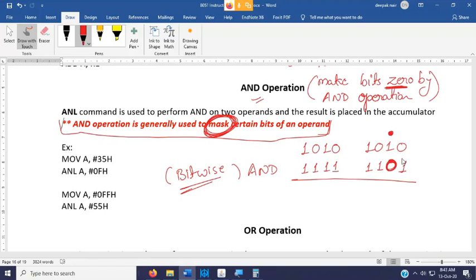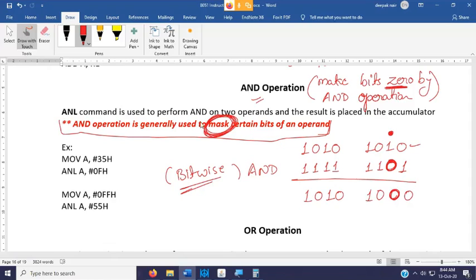For example, 1 cross 0 is 0. Even the number also had 0. Now I am forcefully making that 1 a 0. Previously it was 1. Now I made it 0. The rest of the numbers will remain the same. It is not going to affect any bit other than the bit which I intentionally made 0.